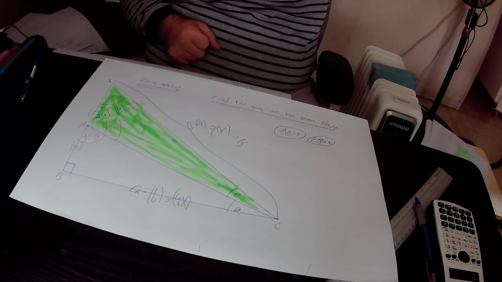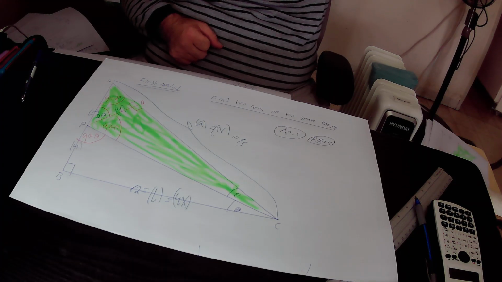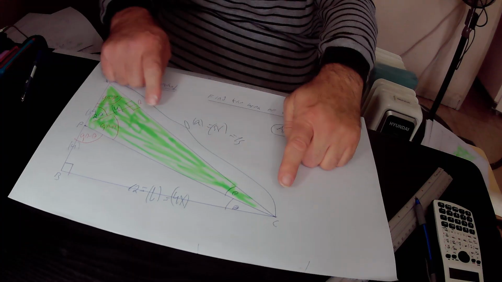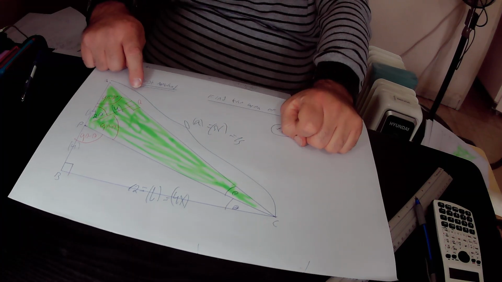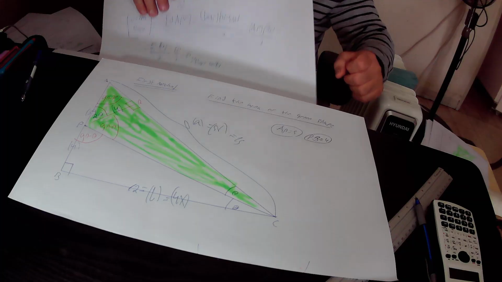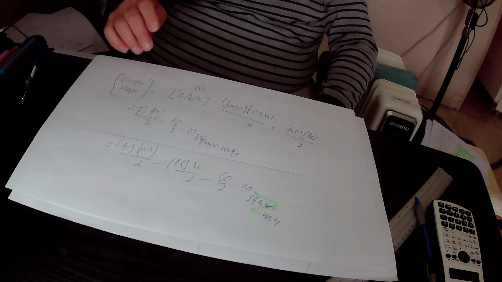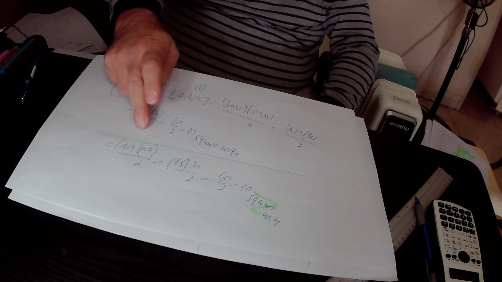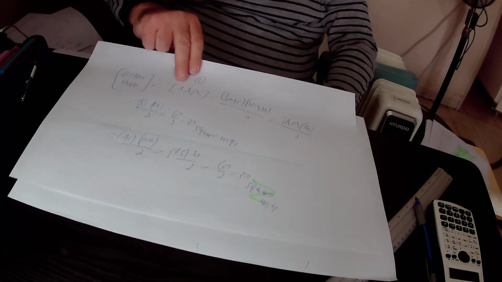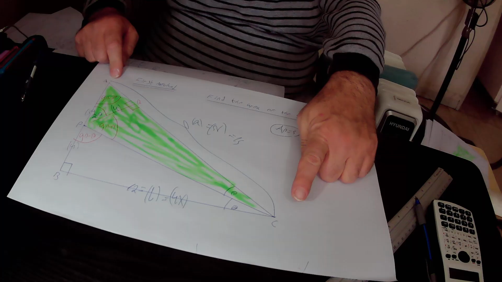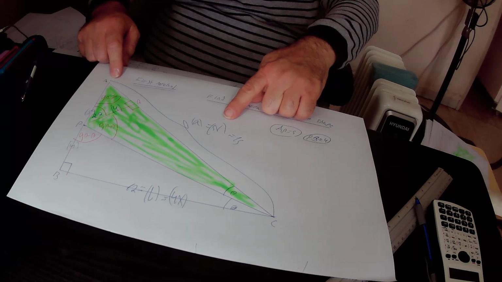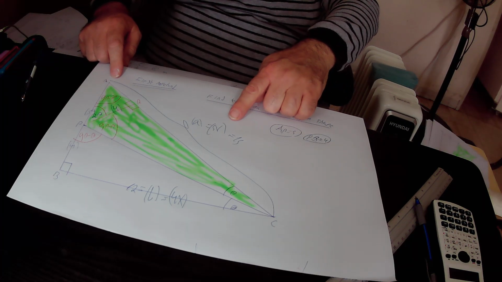We calculated the area of this green shape in another way. Choose the base AC, and the height to the base is QP, over 2. AC is 5x. X is 3, so 5x is 5 times 3, this is 15.